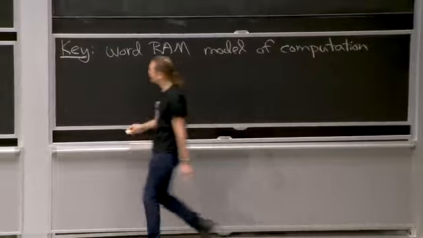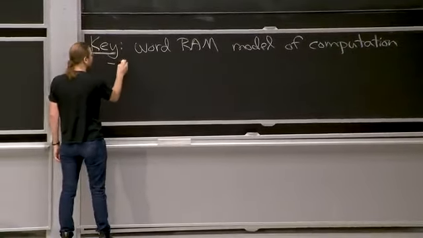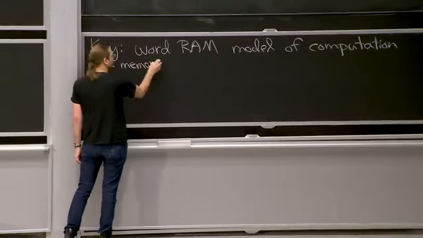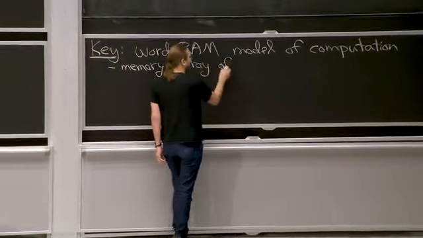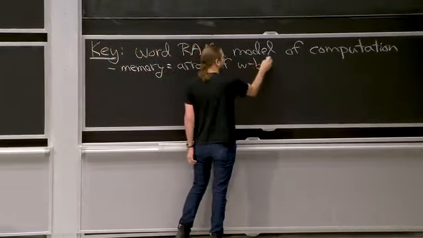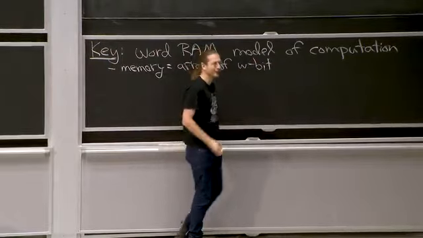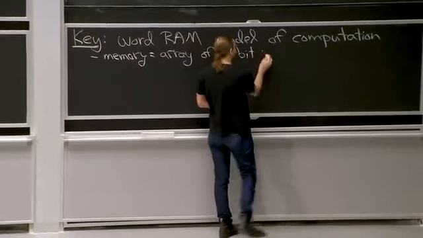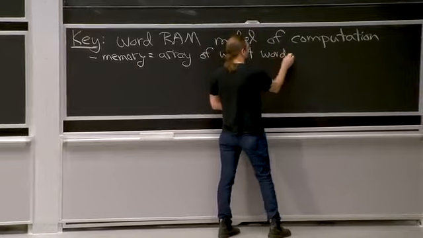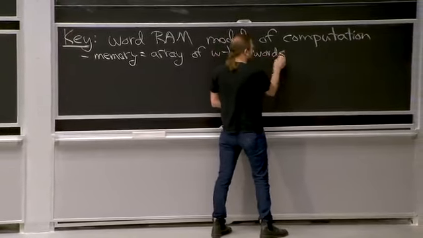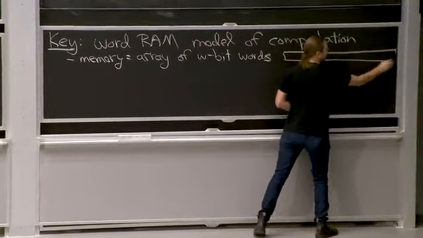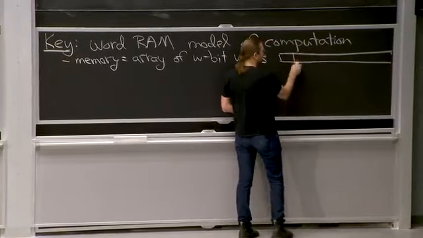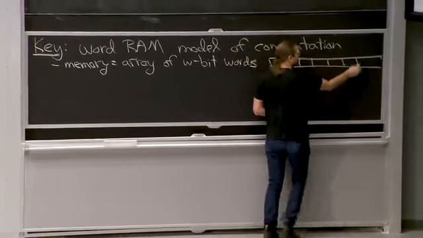So the idea in word RAM is that your memory is an array of w-bit words. This is a bit circular. I'm going to define an array in terms of the word RAM, which is defined in terms of arrays. But I think you know the idea. So we have a big memory, which goes off to infinity maybe. It's divided into words.